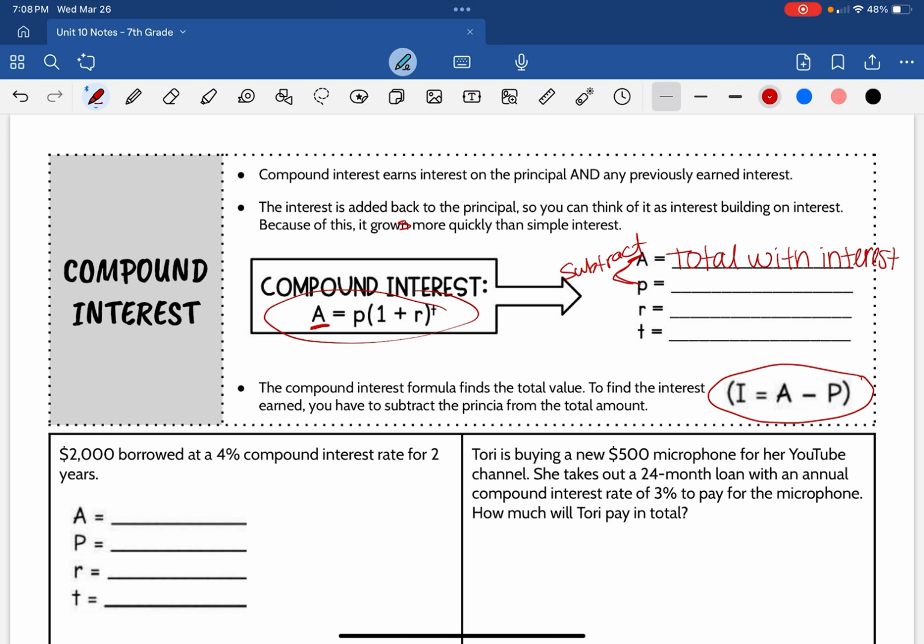So everything else is still the same. P is still your principal. Rate is still percent as a decimal. And then the last one is still time in years.